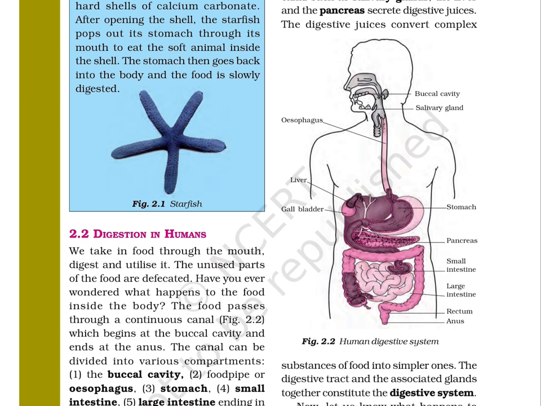At the end of this pipe, we find the stomach. Below the stomach, there are pancreas. Below the pancreas, we find the tube-like structures of small intestine and large intestine. Below it is the rectum, and at the end we find the anus.